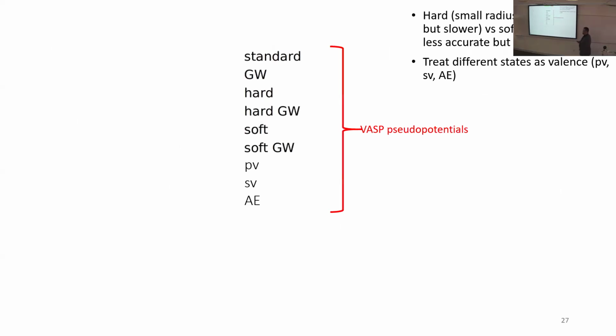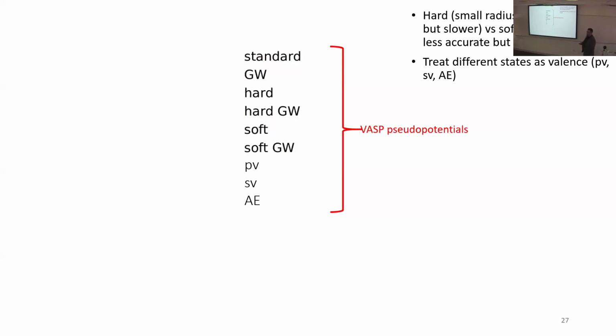So like I said, using the PAW methodology, we use VASP, which is the most popular software for this methodology. You're given a bunch of different pseudopotentials. Each of these pseudopotentials has its own advantages and disadvantages. For example, the hard pseudopotentials have a small radial cutoff of the potential. They're more accurate, but they take much longer to compute. Whereas the soft pseudopotentials have a much larger radius cutoff.